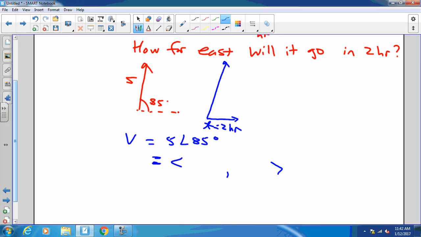Should I get a large or small component in the expression? Yep. So if I were to guess at it just by looking at it, I would guess that the y component is pretty close to 5, and that the x component is going to be less than 1. Make sure your calculator is in degree mode, especially if you're in calculus.